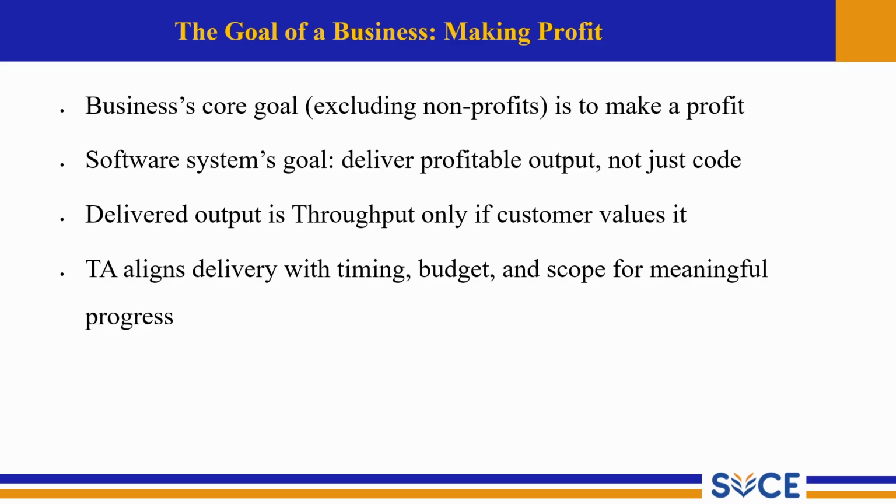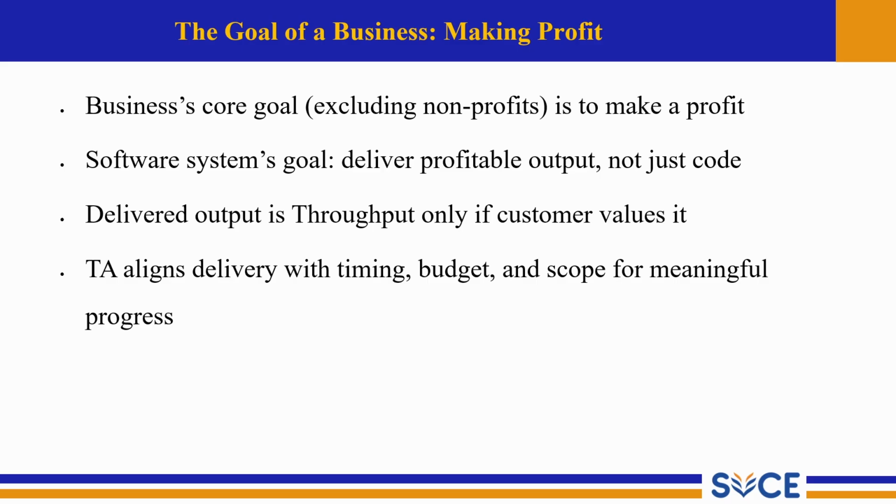That is, only features customers use and find valuable count as throughput. Delivered output is throughput only if the customer values it. TA, throughput accounting, aligns delivery with timing, budget and scope for meaningful progress. It ensures the project delivers meaningful results while staying on track.